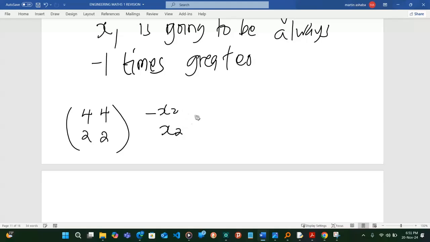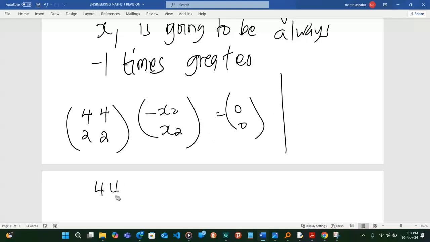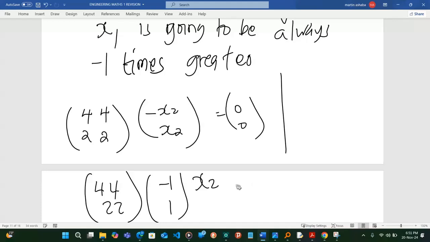I have x2 down here, because I've said x1 is equal to negative x2. So I say this is 0, 0. So meaning I can still say this is 4, 4, 2, 2 into negative 1, 1, then x2. And this is equal to 0, 0.